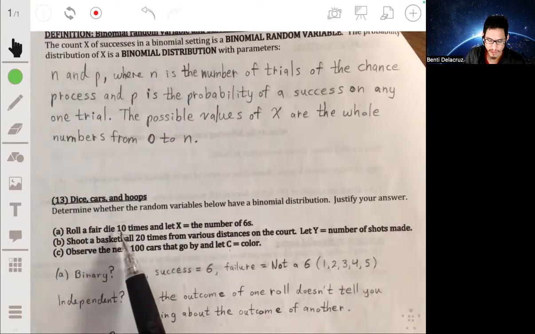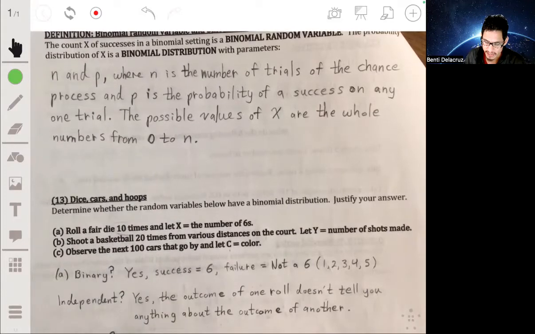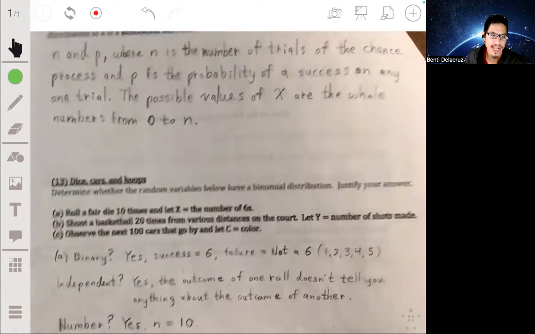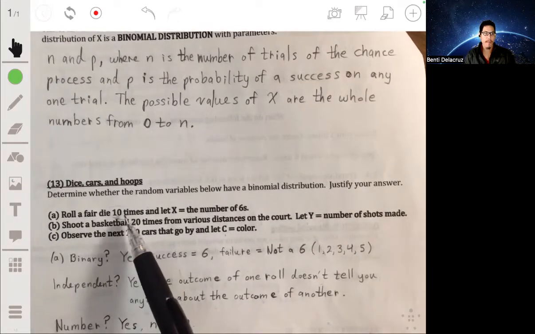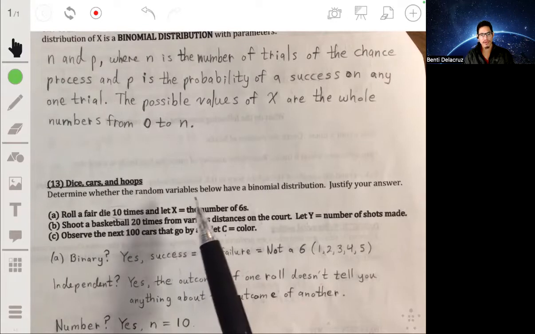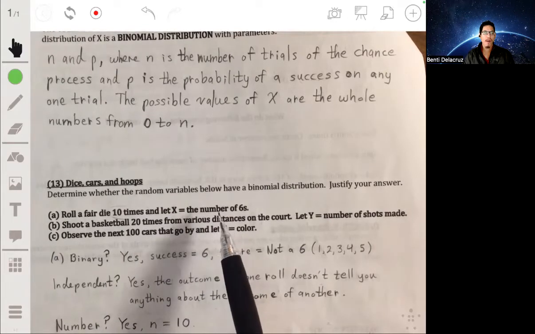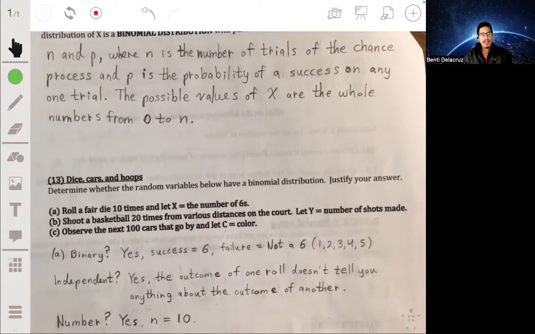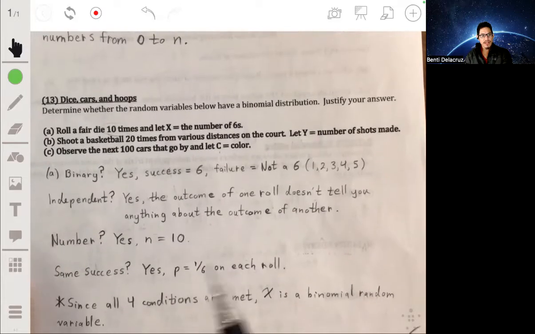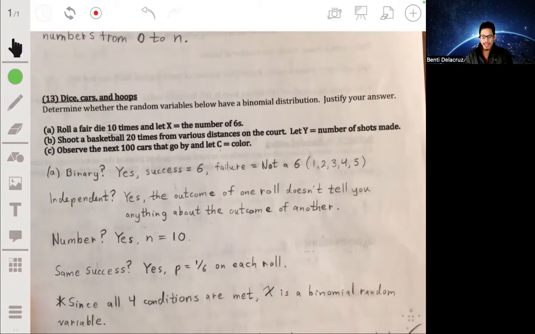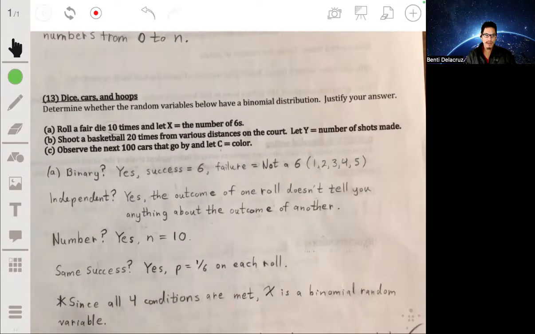We do. We were told that we're going to roll it 10 times, so n is 10. And now the success condition: is the probability of success always the same? If it's fair, it's always going to be 1/6, because there are 6 possibilities. So the condition is met, and since all the conditions are met, this will qualify as a binomial random variable.